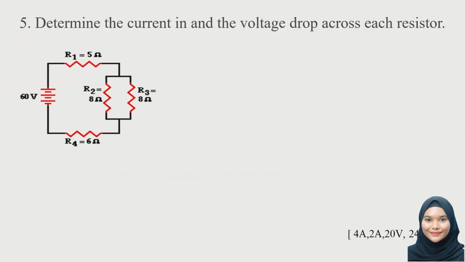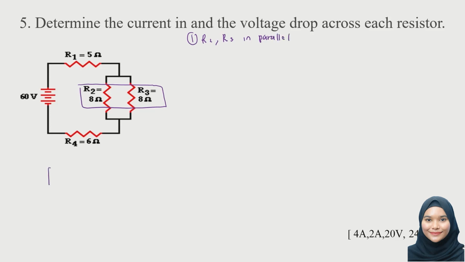Determine the current in and the voltage drop across each resistor. Okay, now as you can see from the circuit here, we have a combination of series and parallel circuit. Therefore, we need to solve it one by one. So let's see. We know R2 and R3 are in parallel.